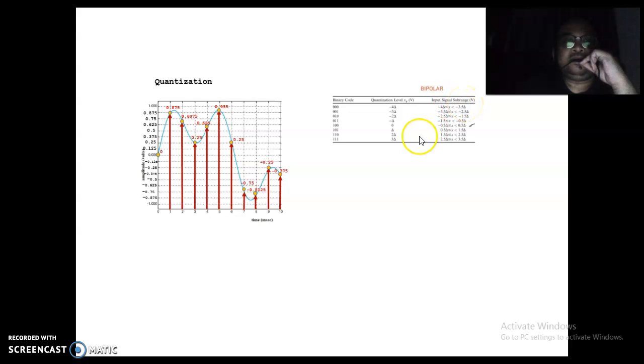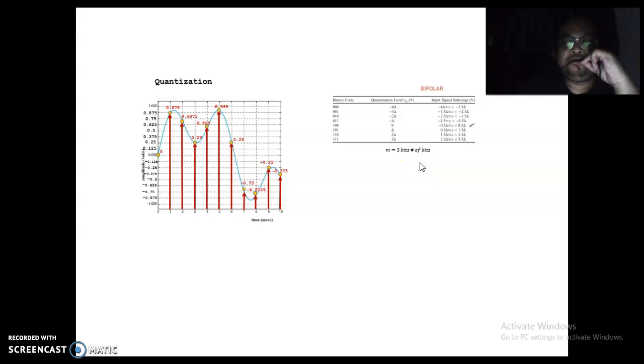So after your sampling, the voltage levels here have infinite possible values, continuous amplitude values. In quantization, you need to divide the sampled voltage into a finite number of voltages.